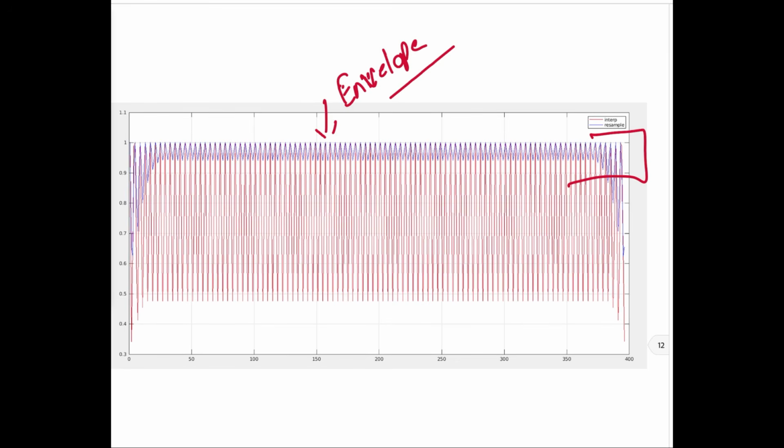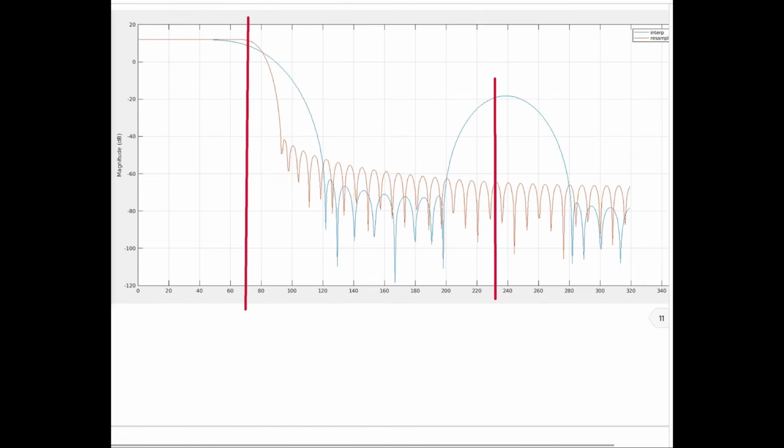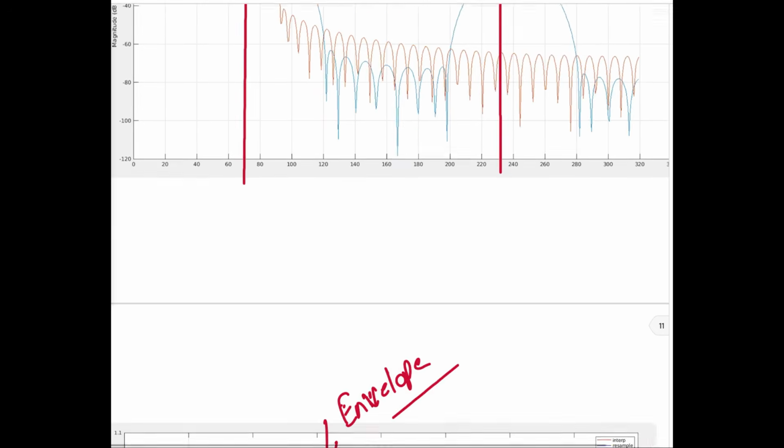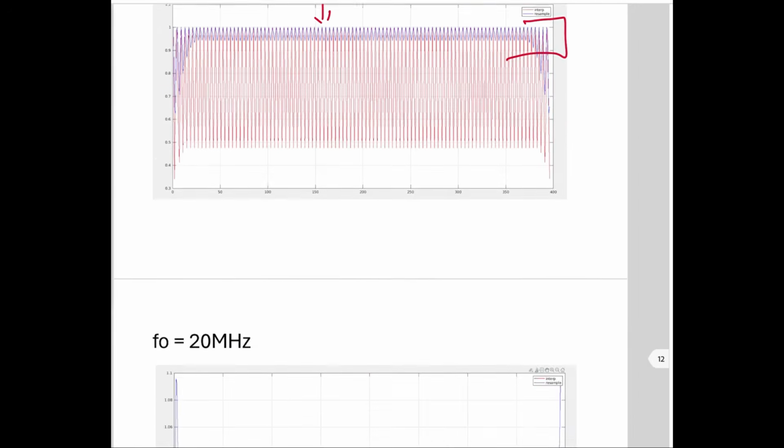One way to solve this problem is to design a better filter, so that my images do not mix up with the fundamental. We should not allow the images to pass through the low pass filter.